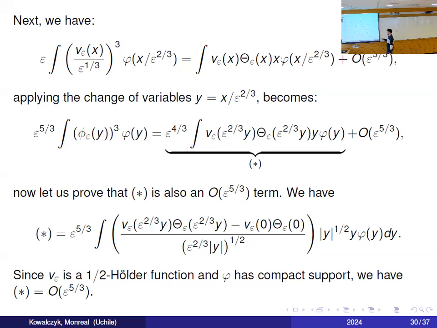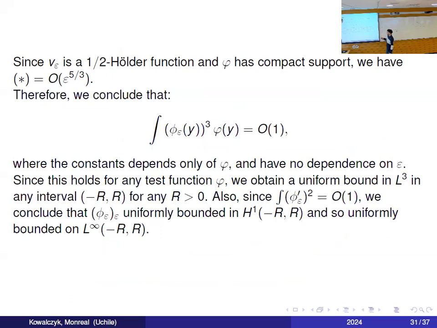We multiply by these terms to make use of the 1/2 Hölder inequality that we have, and we can have an estimate for this term. So this term is bounded just as we want. We get the estimate that we want, and finally we conclude that we have this estimate. It depends on phi, but we can use a bump function to have a local estimate. We have a uniform estimate in L3.